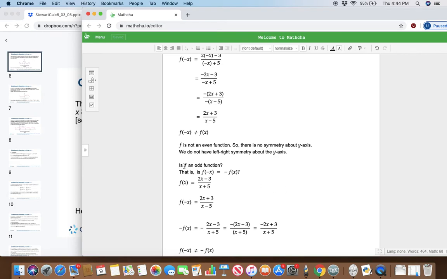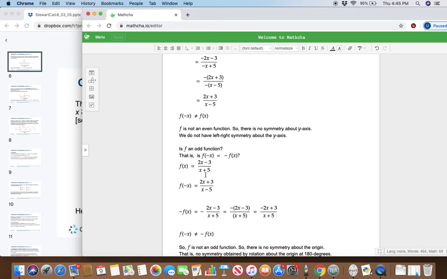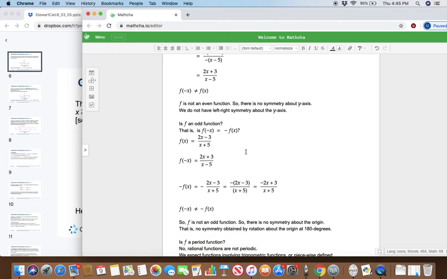Next question: is f an odd function? That is, is f of negative x the same as negative of f of x? Consider your f of x. Then consider f of negative x, which we just calculated. What about negative f of x? Well, it is the negative of this fraction. Take the negative upstairs. You can choose one of the sides. You can't take the negative both upstairs and downstairs, since they would cancel.